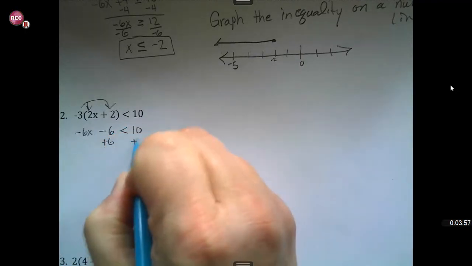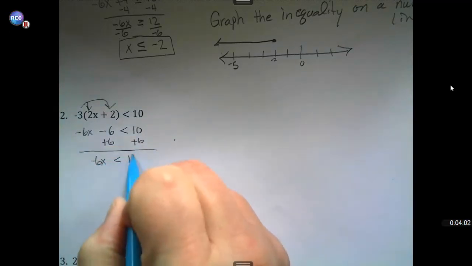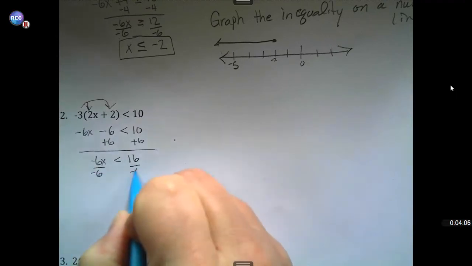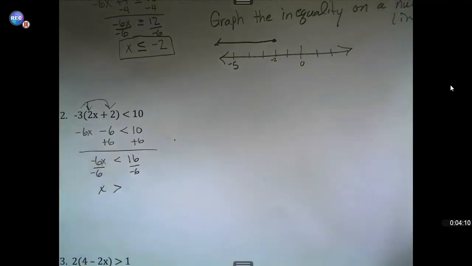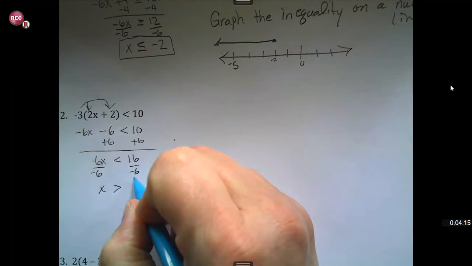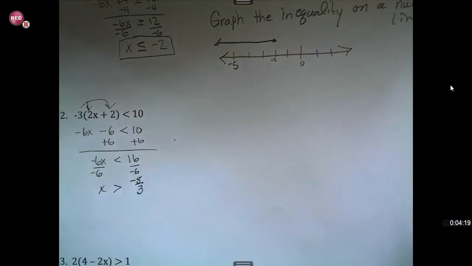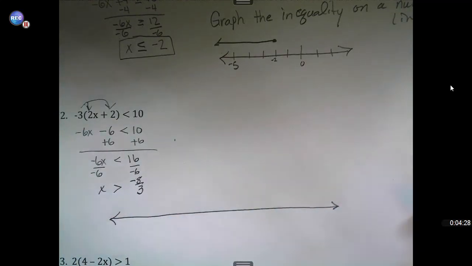Add 6 to both sides, get negative 6x is less than 16. And I would divide by negative 6. Whenever I multiply or divide by a negative, I flip that inequality, so greater than. And then this reduces to negative 8/3, negative 2 and 2/3. I do need to know the improper fraction there to graph it.